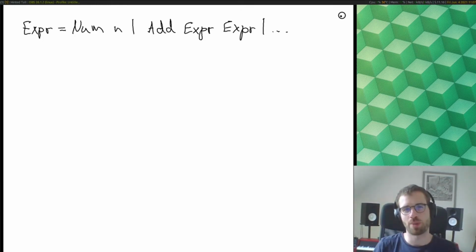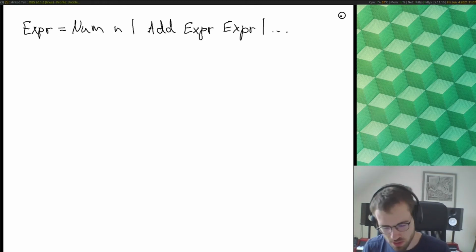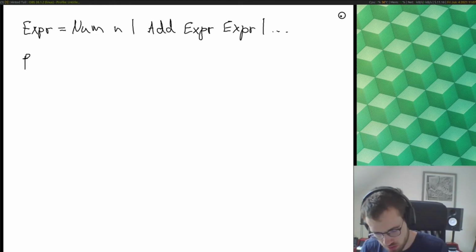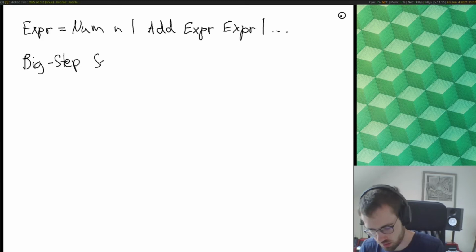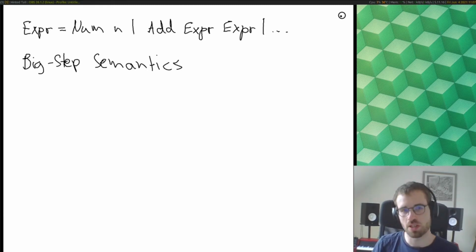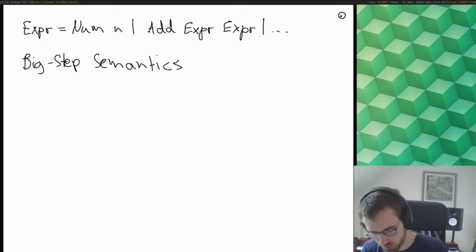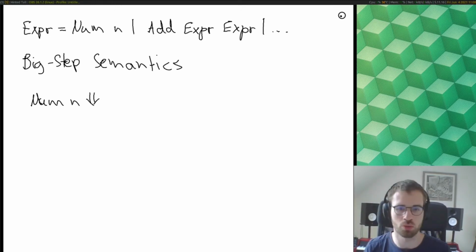Now let's write down a big step semantics for this language, which I think you should already know about what this type of semantics is, but nonetheless. So essentially we write down rules which tell you how the expressions of the language evaluate to a value. And we have one rule for numbers, which basically says if we have a number n, then this evaluates to the value which is just the number n.